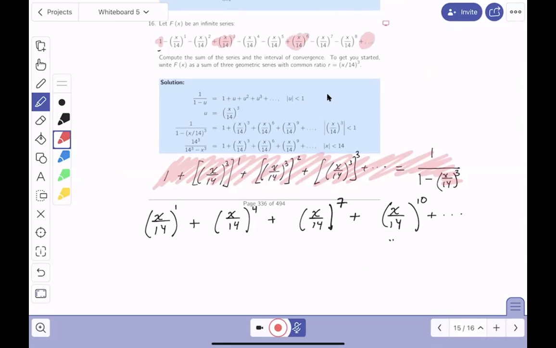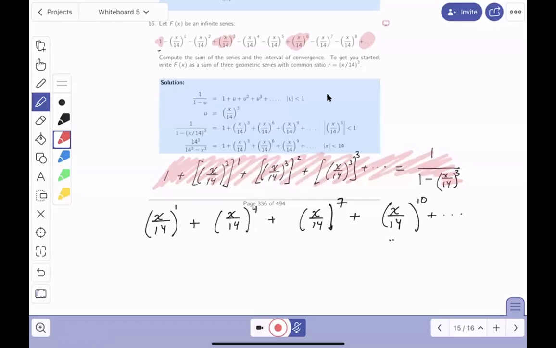And then I'm looking at the other ones. Let's take a look. 1, 2, 4, 5. 2, 4. 1. 1, 4, 7.